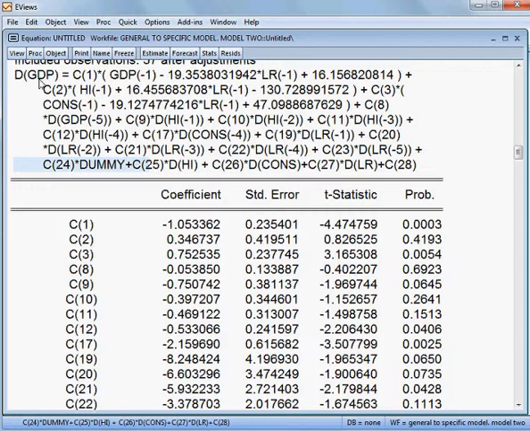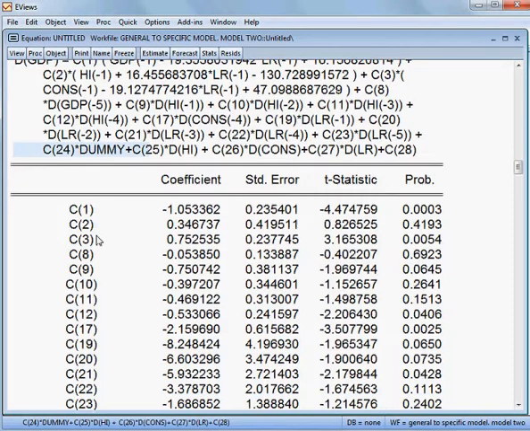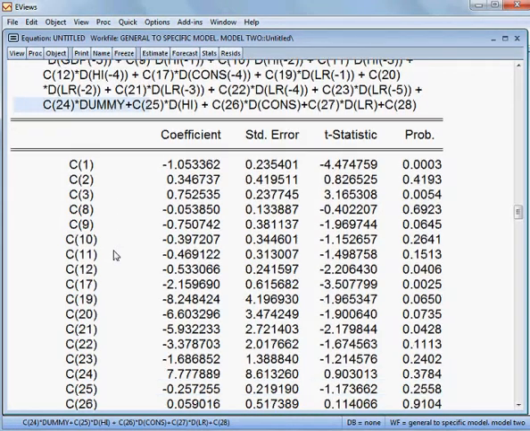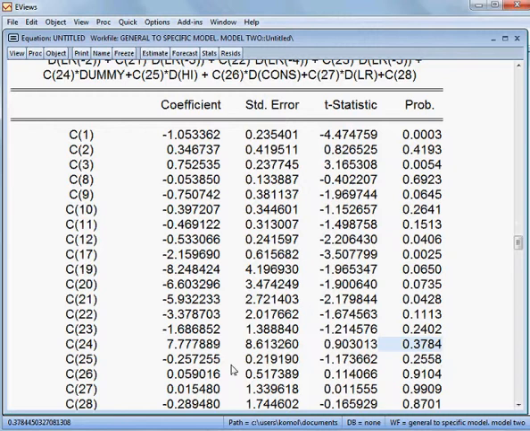GDP means our economy. That means the financial crisis that happened in 1997, 1998 and 1999 could not affect our economy because the dummy variable has not become significant, right? So that means the financial crisis could not affect our economy. Okay.